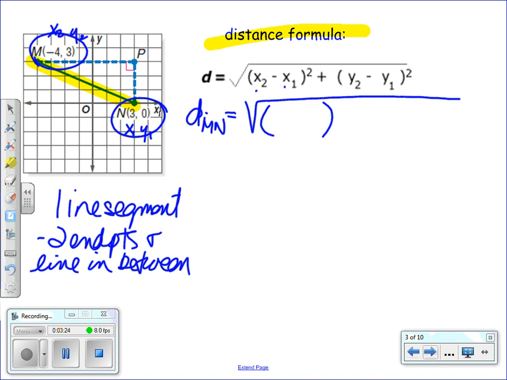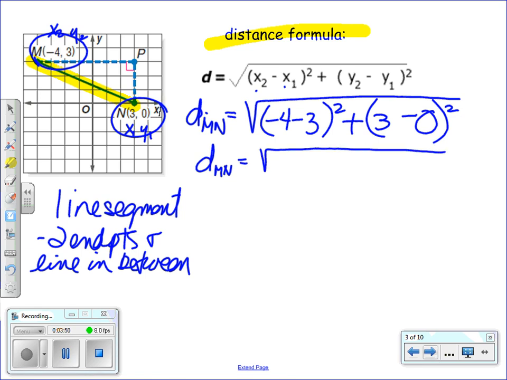So x2 is negative 4 minus x1, which is 3, squared, plus y2, which is 3, minus y1, which is 0, and that is squared. So the distance of MN is the square root of negative 4 minus 3, or negative 7 squared, plus 3 minus 0, which is 3 squared.